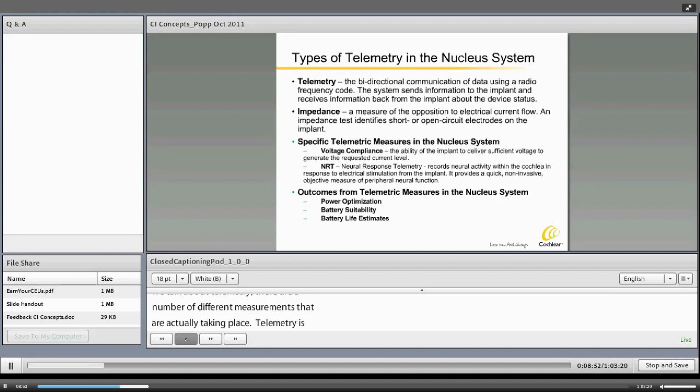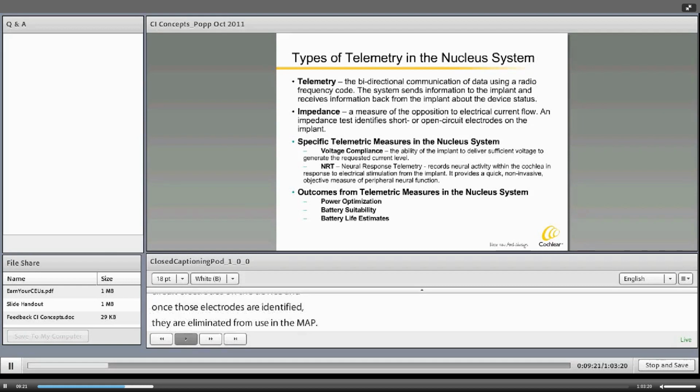One of the measurements we're doing is impedance telemetry, and that is looking at the opposition to electrical current flow. The impedance test will identify if there are any short or open circuit electrodes on the device, and once those electrodes are identified, they are eliminated from use in the map.